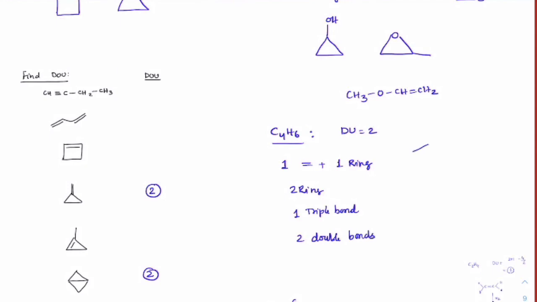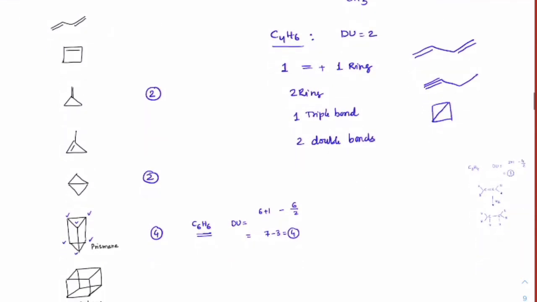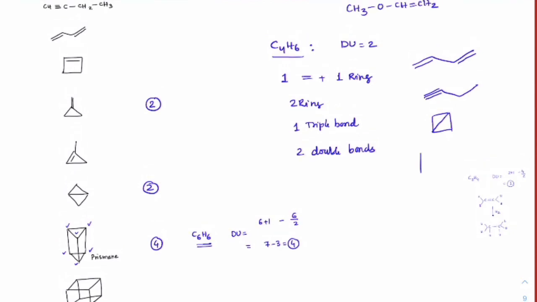To give you examples, I'm not writing all the structures: two double bonds, one triple bond, two rings, one ring and one double bond, like this.